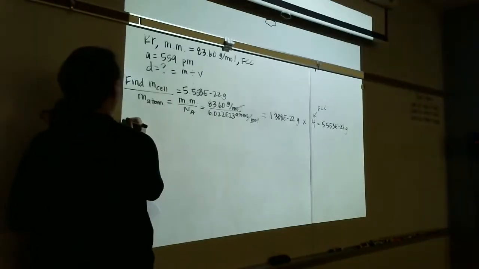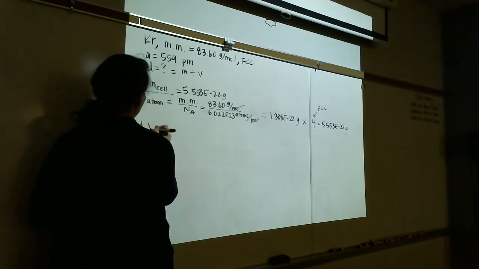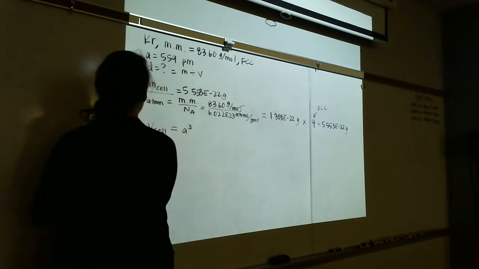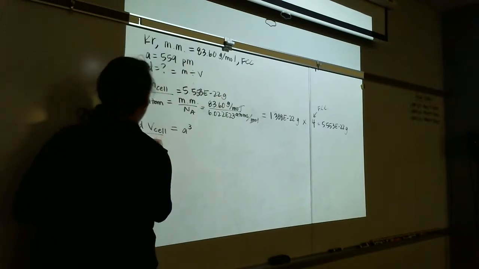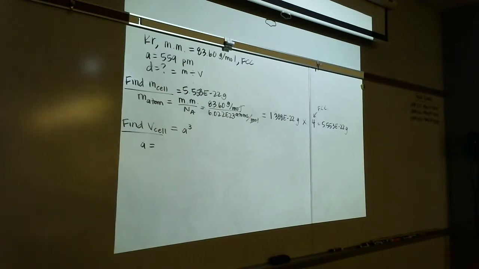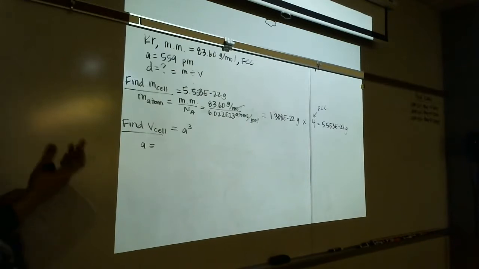Now we need to find V cell, and so that's a cubed, right? Let's figure out what a is. What unit do we want a to be in? It's currently in picometers. We want it to be in centimeters because centimeters cubed is a unit of volume, right?